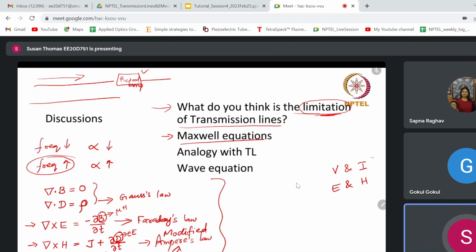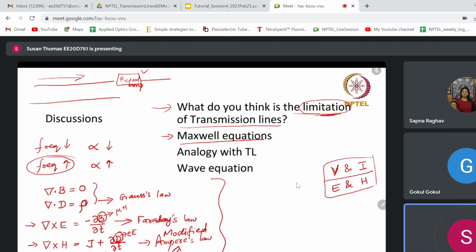So these are basically analogous. How is that analogous? Here the electric and magnetic fields vary with respect to time, whereas in transmission line equations the voltage and current varied with respect to time.